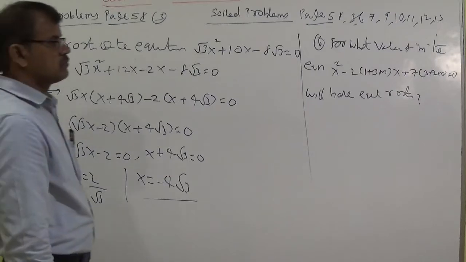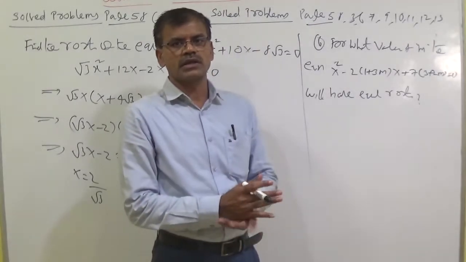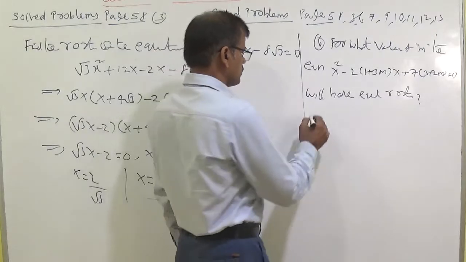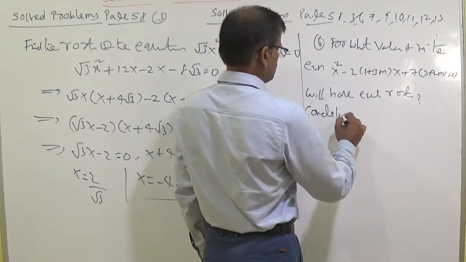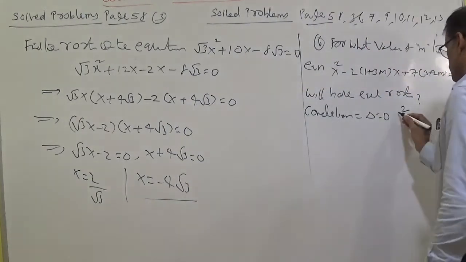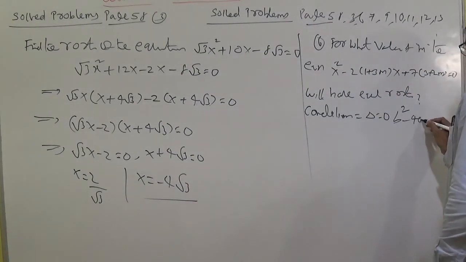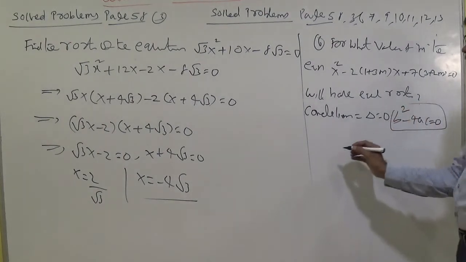We know that the condition of equal roots for a quadratic equation is delta equal to 0. The delta means b square minus 4ac equal to 0.